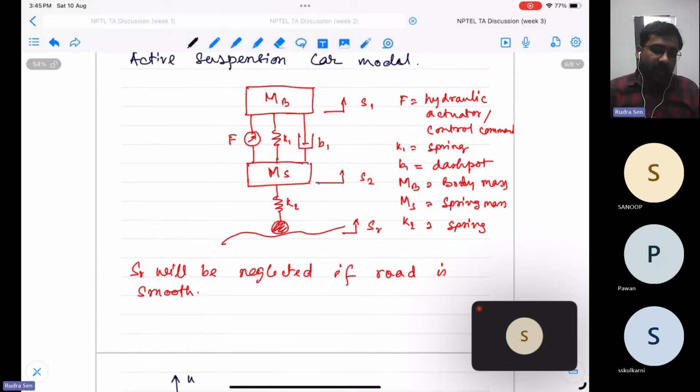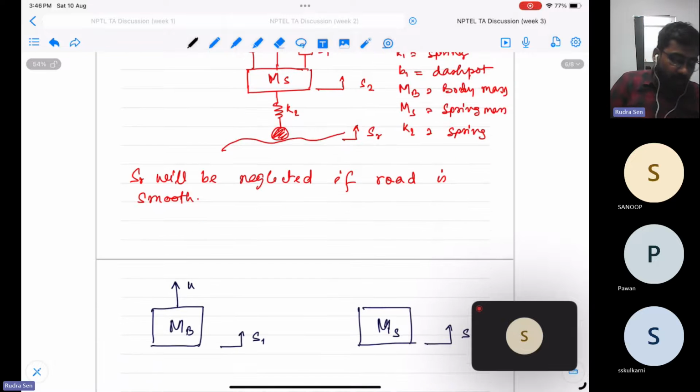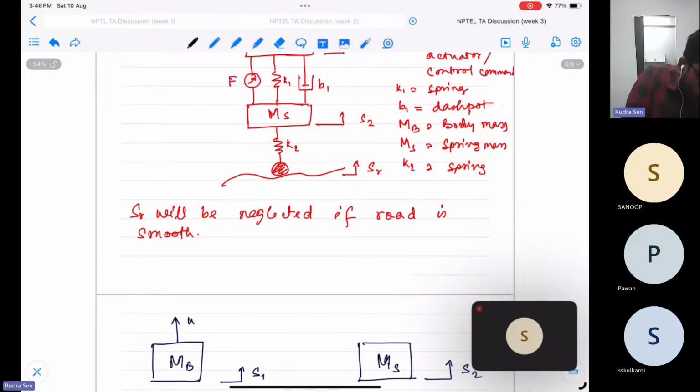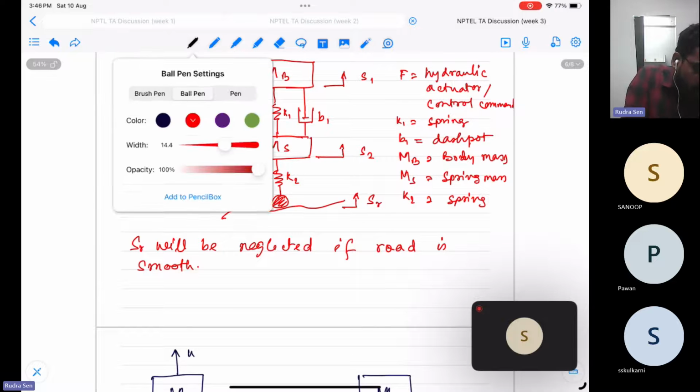F is basically the hydraulic actuator. So the force exerted by F is upward. So this is the upward direction.